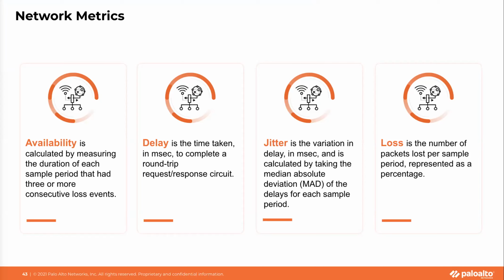Delay is the time taken in milliseconds to complete a round trip request and response. Jitter is a variation in delay, and this is calculated by taking the median absolute deviation for the delays for each period. Loss is the number of packet losses per sample period and is represented as a percentage.